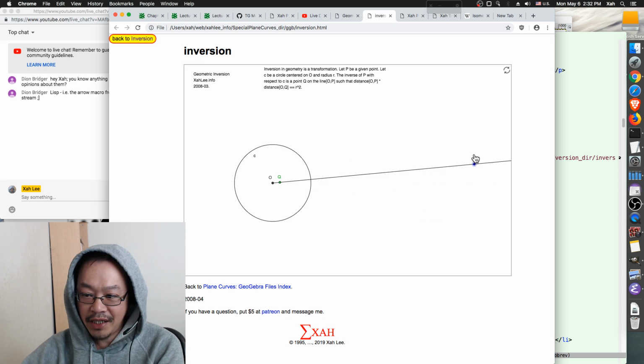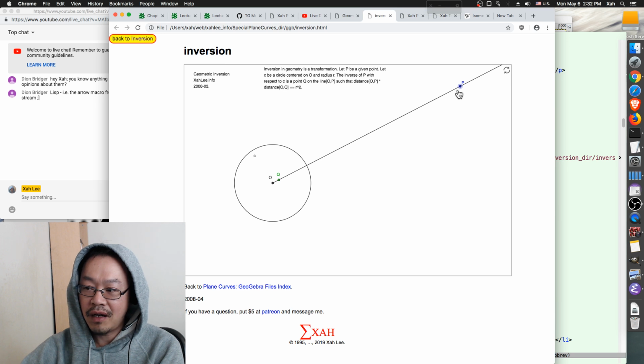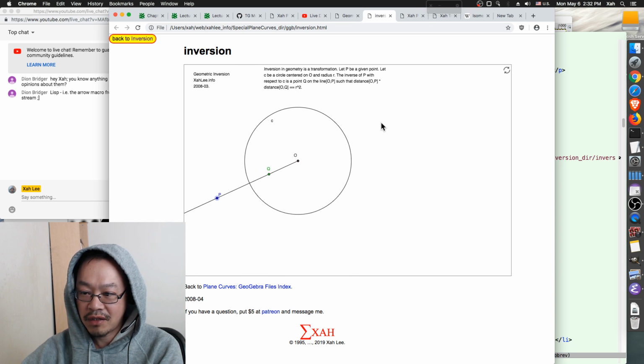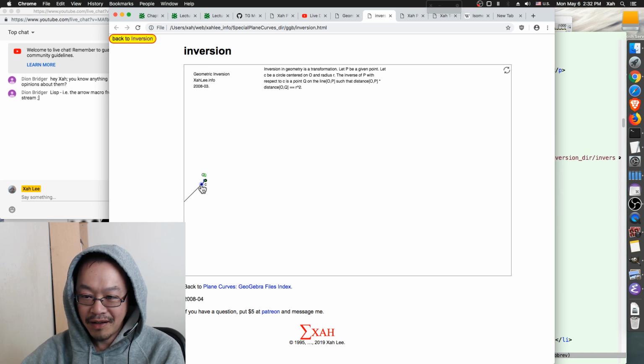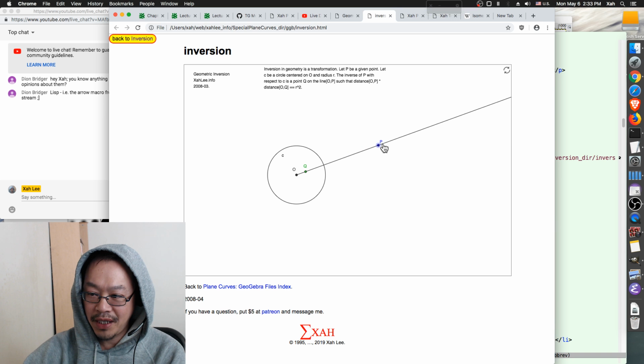But anyway, from this you can see the further away P is, the closer Q is to O. Let's change the P. So we can see that as P moves far away, Q becomes closer to the center of the circle.